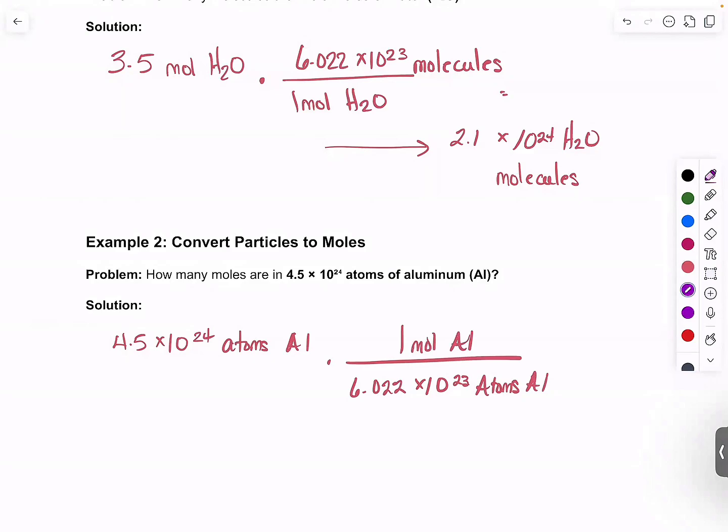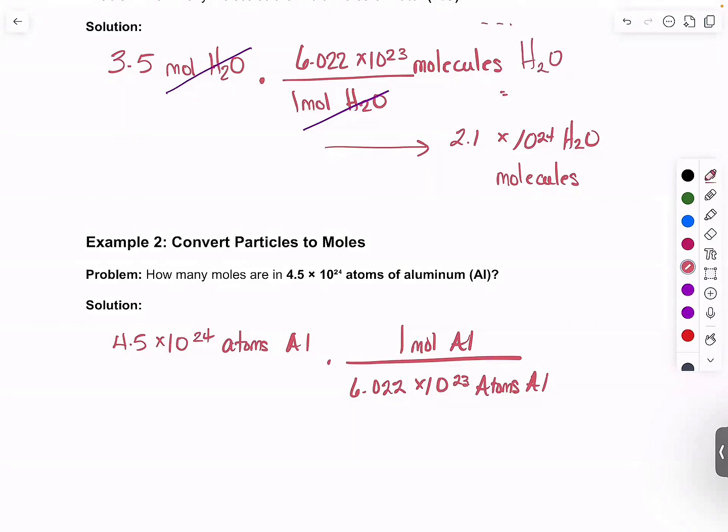And one thing I didn't emphasize in the last problem in example one is that you should cancel these units after you apply your ratio. You should cancel them before you do the final calculation, because then you'll be certain that your original unit cancels and that your end result would be molecules of H2O.